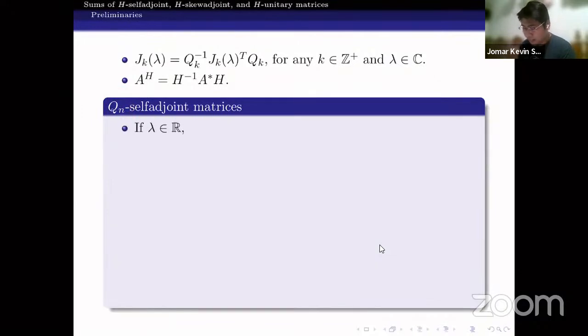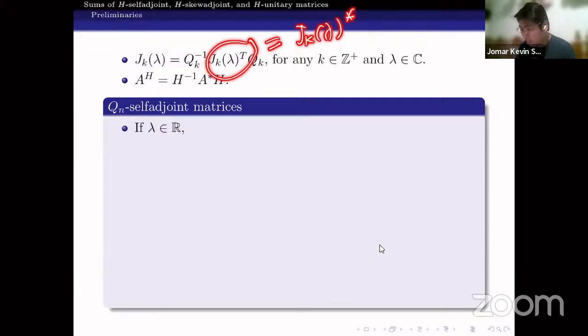Number one, if lambda is real, what can we say about J_k of lambda transpose? The entries of J_k of lambda are all real, so the conjugate of this matrix is equal to itself. Therefore, J_k of lambda transpose equals J_k of lambda star.